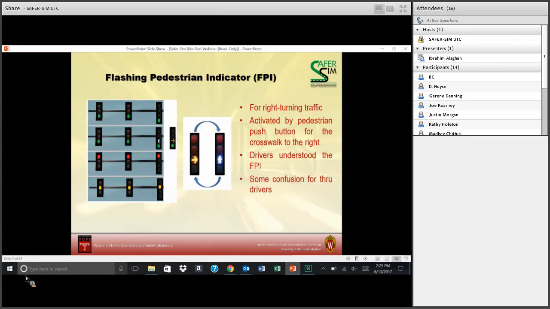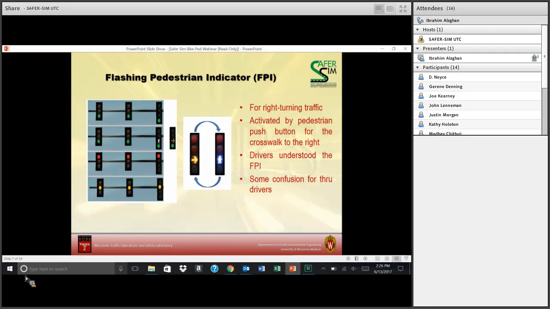So, flashing pedestrian indicators, as you can see here, flash or alternate between the pedestrian icon and the yellow icon. When a pedestrian is trying to cross the intersection, she has to press the button and then this alternating warning starts.